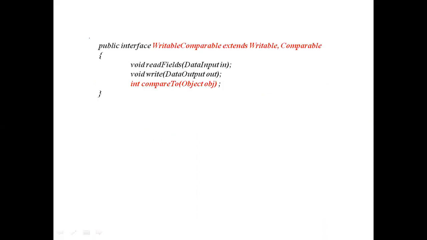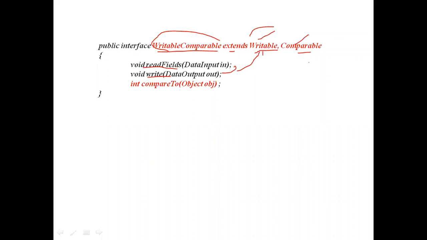If we see it here, public interface WritableComparable, it gets properties of Hadoop's writable interface and Java's comparable interface. From the Hadoop writable interface, it gets two methods, readFields and write.